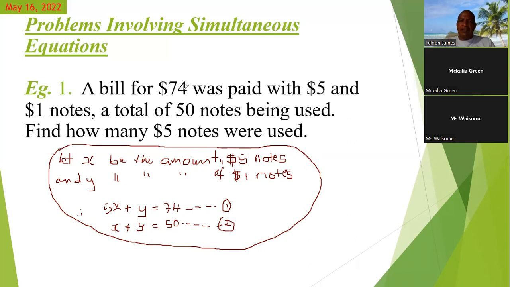It says a bill for $74 was paid with $5 notes and $1 notes. A total of 50 notes were used.